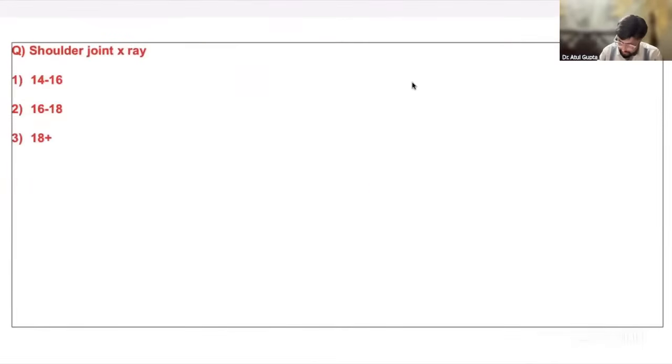Now, shoulder joint X-ray. This is a bit controversial because I could not get the image, but I will tell you what you could have seen.